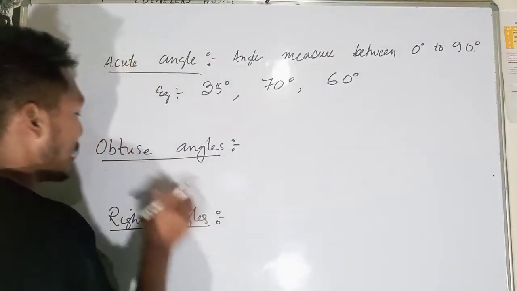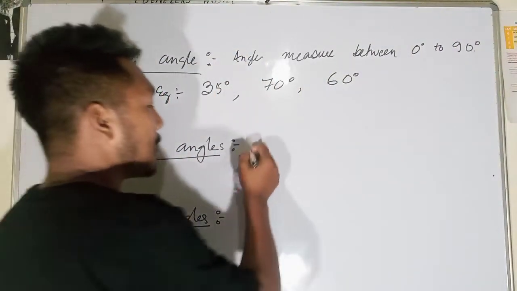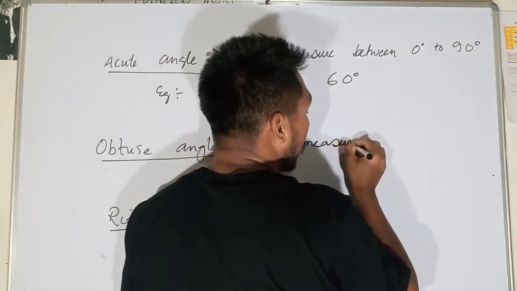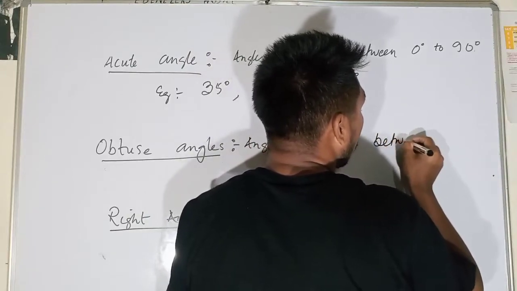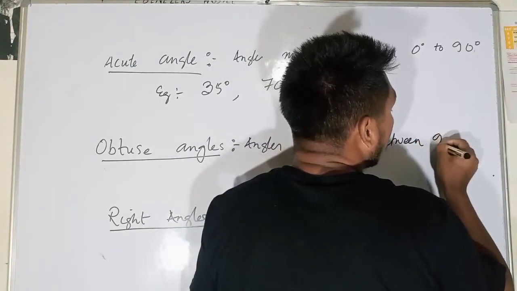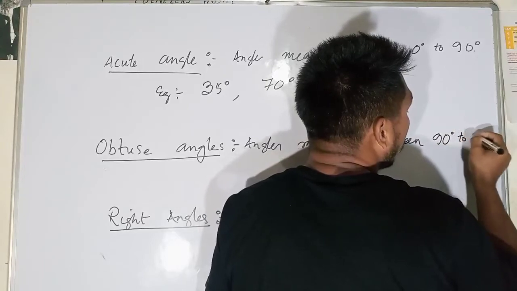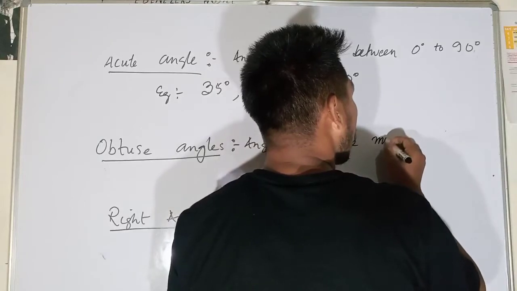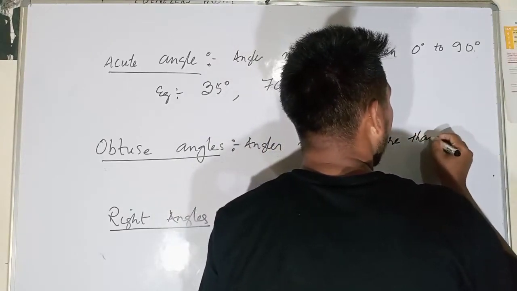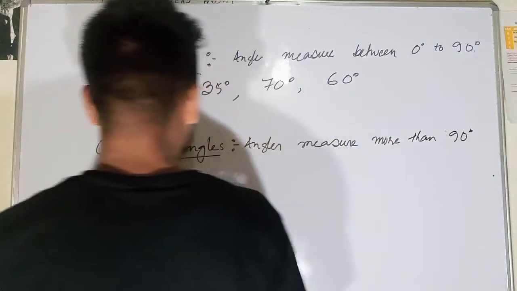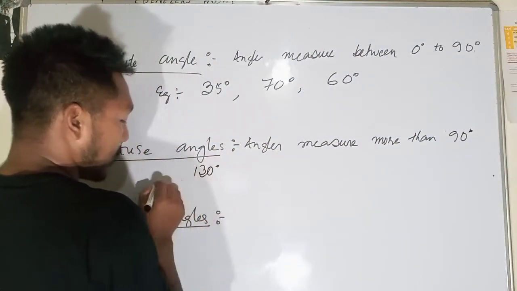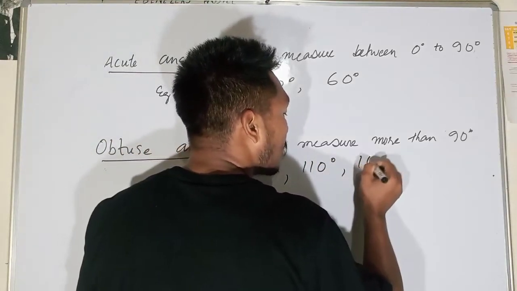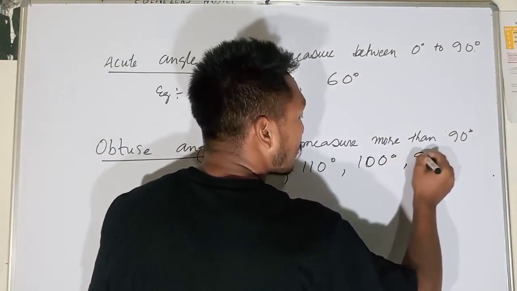Second, the obtuse angle. Obtuse angles are angles that measure more than 90 degrees, like 130 degrees, 125 degrees, 110 degrees, 100 degrees, 95 degrees.